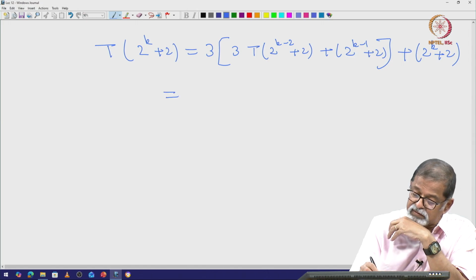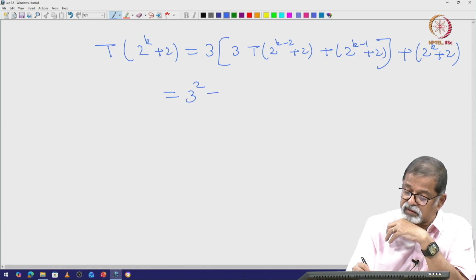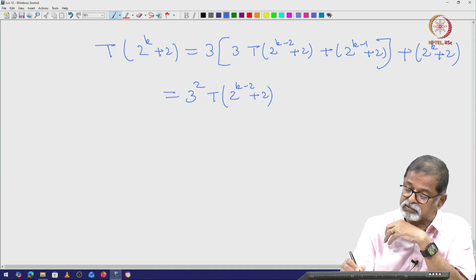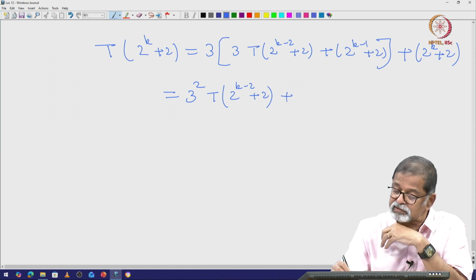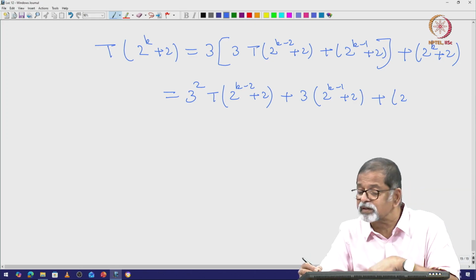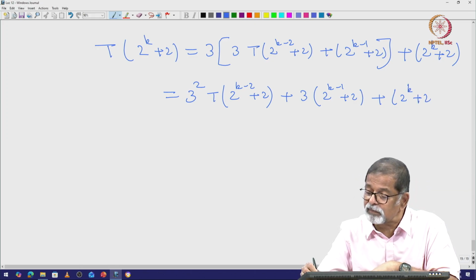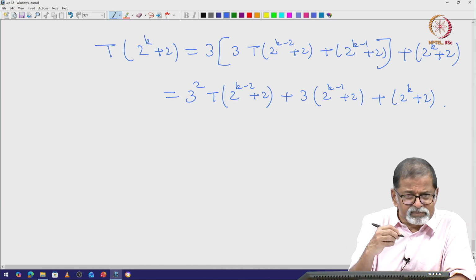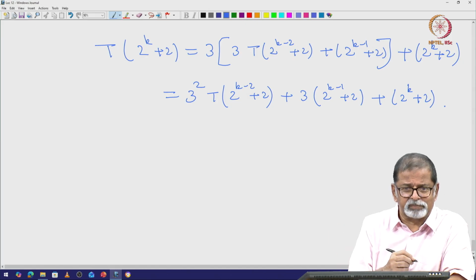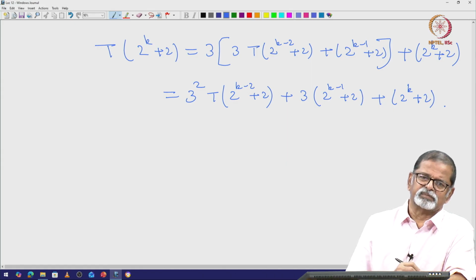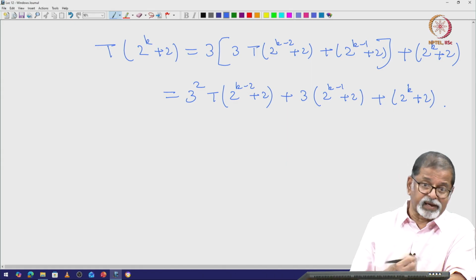This is nothing but 3 square T of 2 power k minus 2 plus 2 plus 3 times 2 power k minus 1 plus 2 plus 2 power k plus 2. So, we will write one more term just to figure out a pattern, and then we can write inductively the term that we will obtain in the kth stage.